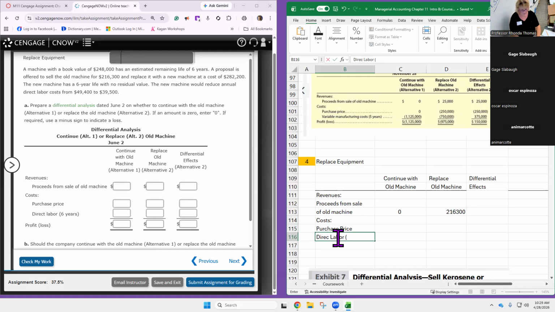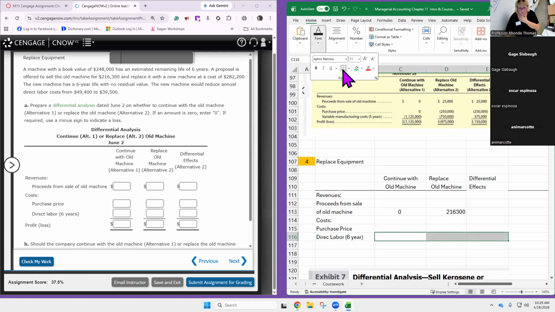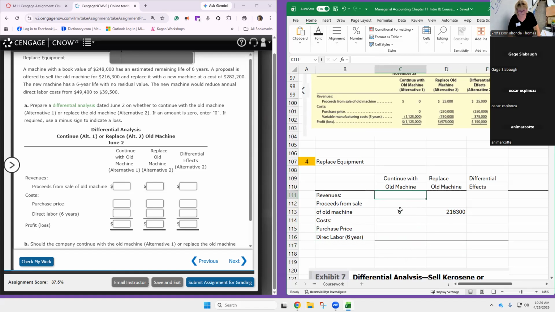And it's for 6 years. Okay, and then we're going to have either a profit or a loss. So we'll put the equal sign down here. So once again, the revenue from selling the machine, there is none if we keep it. And I've got that down there.